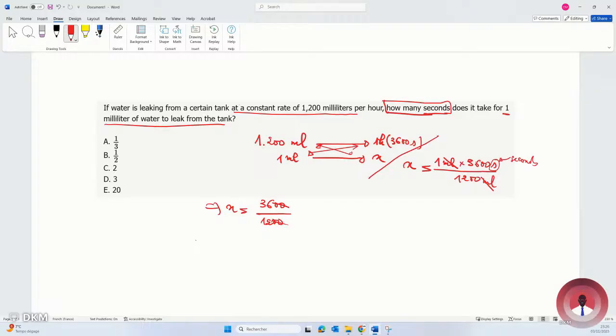And this is actually equal to, so 36 is equal to 3 times 12, and here we have 12, so we are going to cancel. So this is going to be equal to 3 seconds. So we will basically need 3 seconds to leak 1 milliliter. Okay.